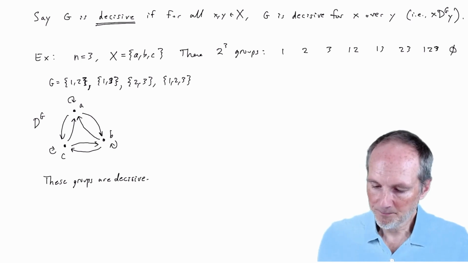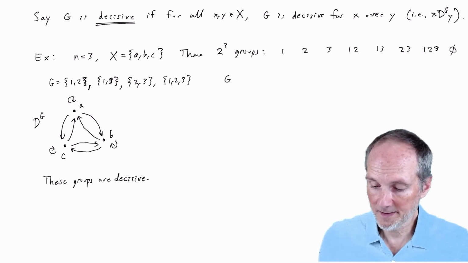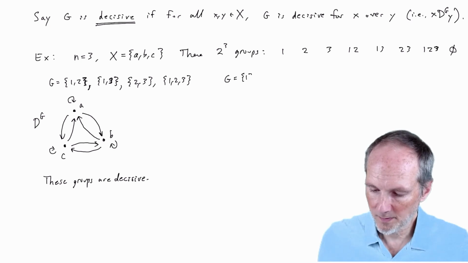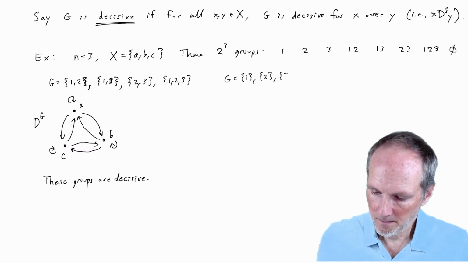What if we look at the groups that don't contain a majority? So 1 by herself, or 2 by herself, or 3, or just no one.